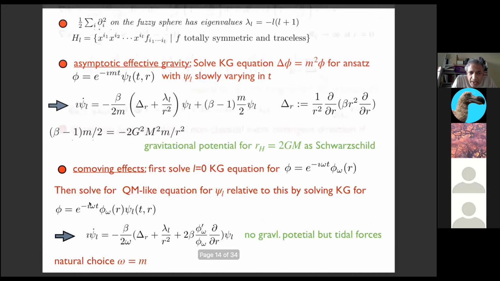Now, the radial part is the same as a 5D black hole, but the Laplacian is not. The Laplacian is the one for the fuzzy sphere. But the one for the fuzzy sphere is not too daunting.